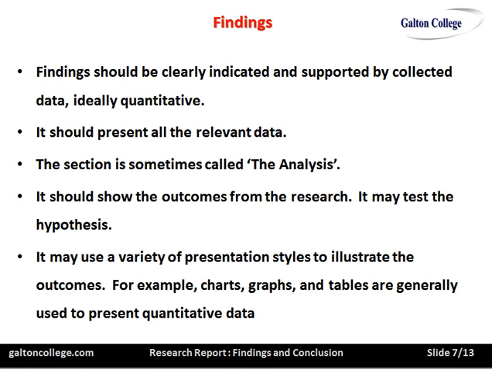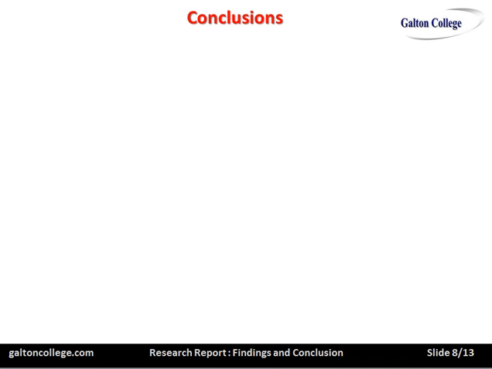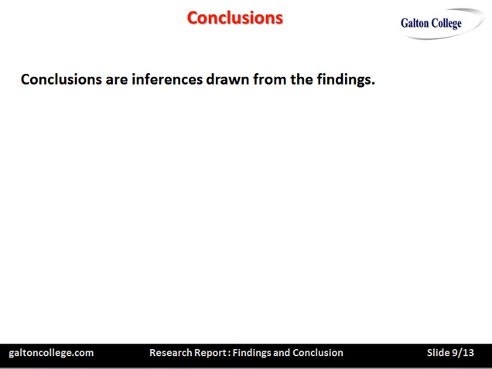Now, having got the findings, the next part is based on the findings. The next part is the conclusion, or the conclusions. There may be more than one conclusion, but the conclusions are based on the findings. They can't be based on anything else. They're drawn from the findings.